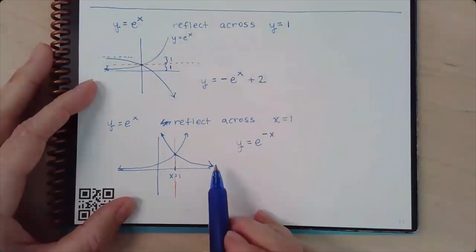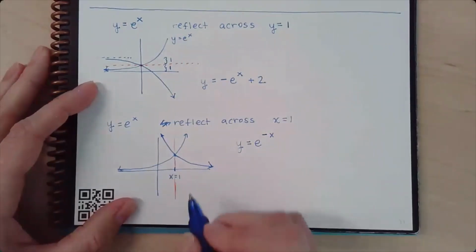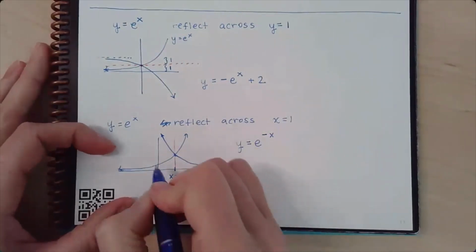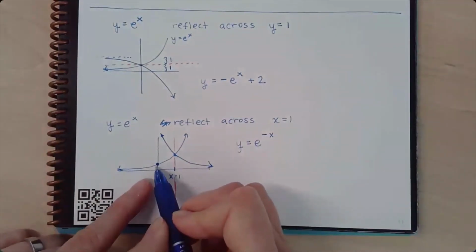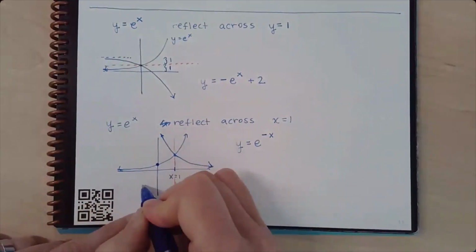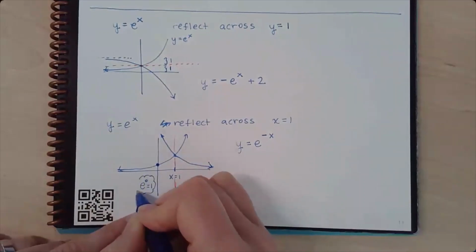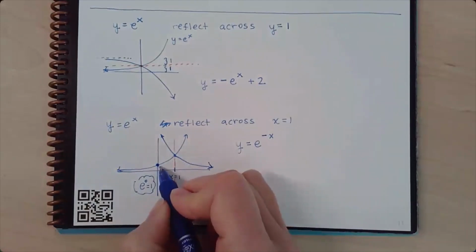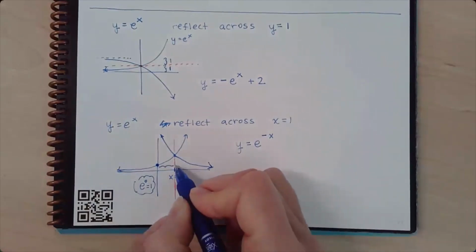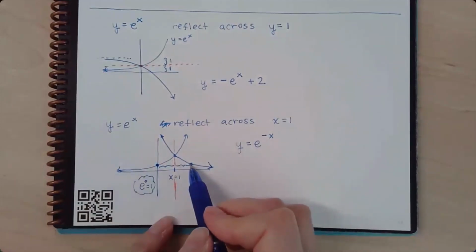So the way that I'm going to think about how far we're shifted over is kind of the same way that I thought about the other one being shifted. If I think about my anchor point as being e to the 0 equal to 1, and I hold that as my anchor point, then that same y value has actually shifted over to here.